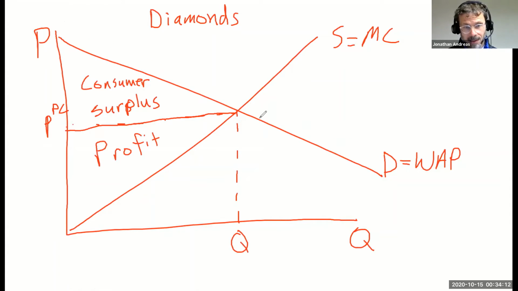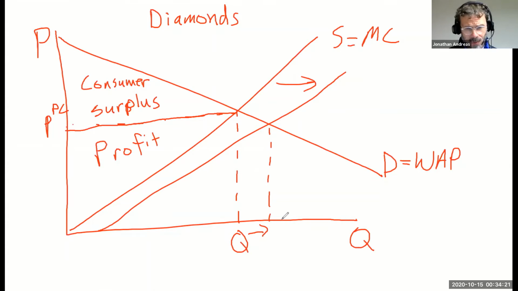And similarly, anything we do to increase the supply is going to increase the quantity. And so a very good proxy for figuring out what maximizes social surplus is whatever is going to increase the quantity.